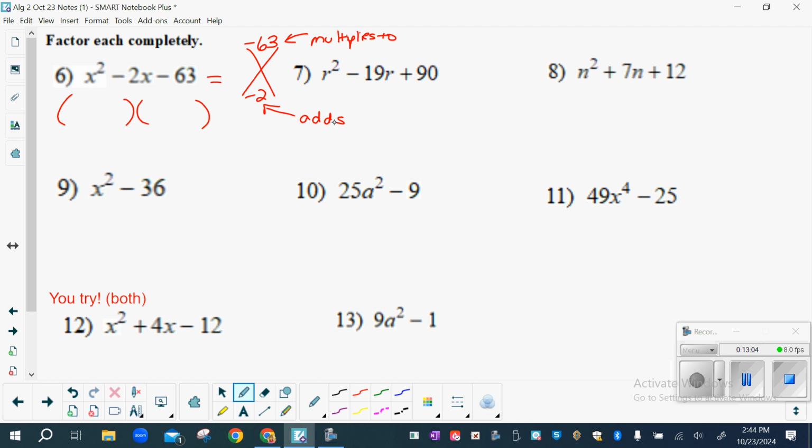So what did you get, Nikki? Negative 9, 7. Good. And those are the only numbers that will work. Negative 9 and 7. Has to be a negative 9, has to be a positive 7. Correct answer. So now when we go to factor, what if we want to look at what times what gives us x squared?